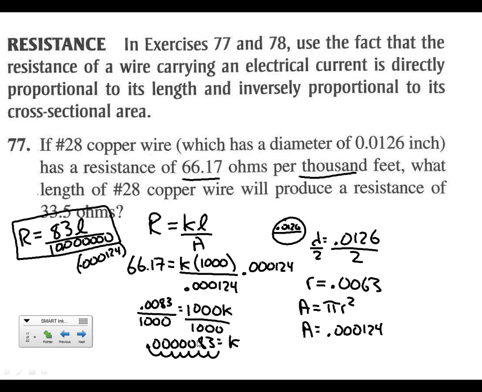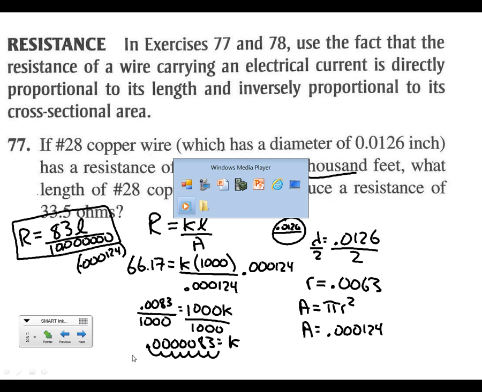Alright, so if we get this as our solution, we can plug in a resistance of 33.5 instead of the 66.17 here. I'm going to just pause this here for a second and get some numbers on the calculator because it doesn't seem to be cooperating very well.